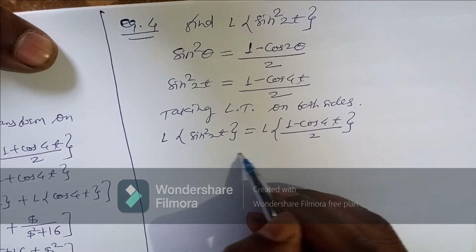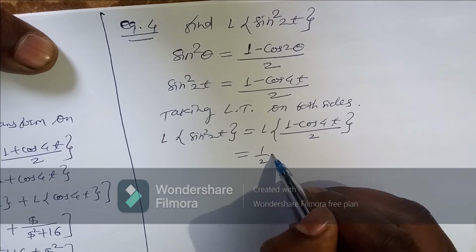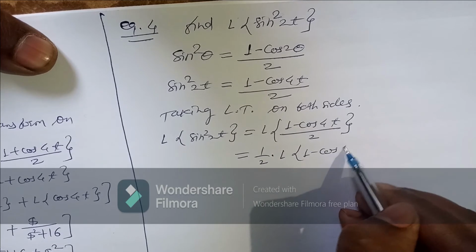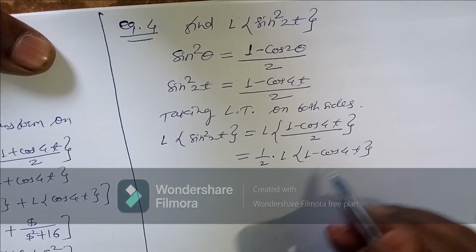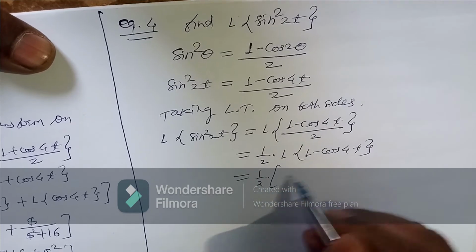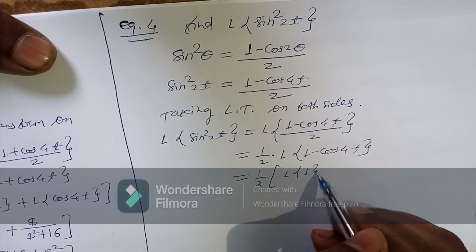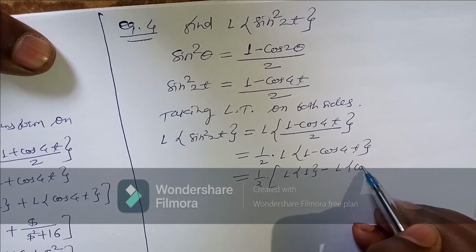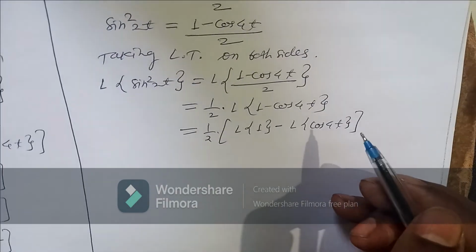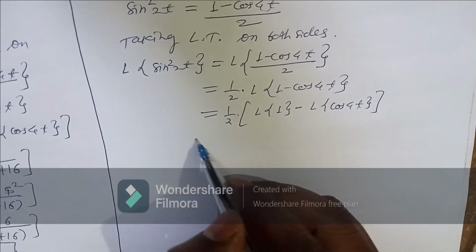This 1 by 2 can be taken outside. So we get 1 by 2 in bracket, Laplace transform of 1 minus cos 4t, and separate this: Laplace transform of 1 minus Laplace transform of cos of 4t bracket close. If you further simplify this, what do we get?